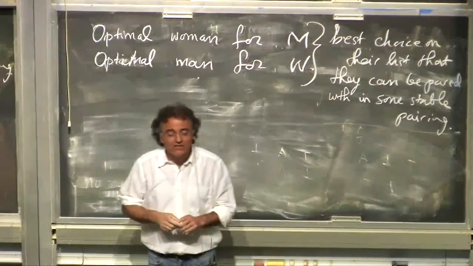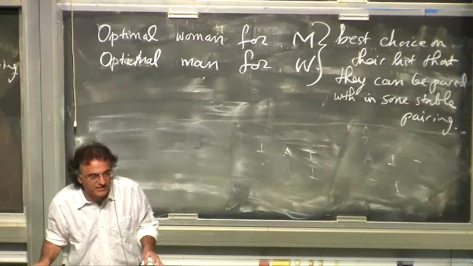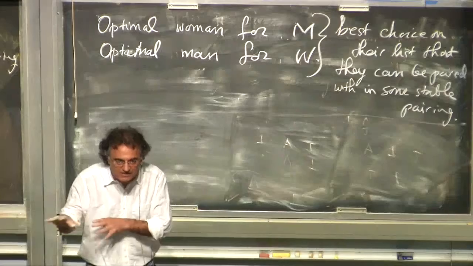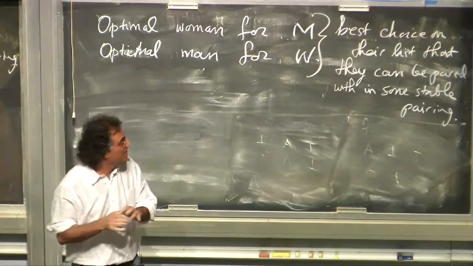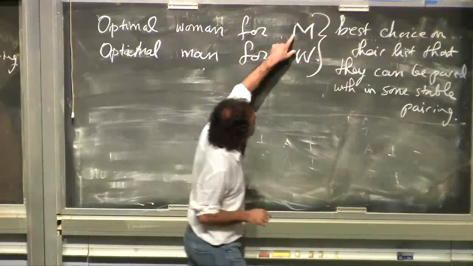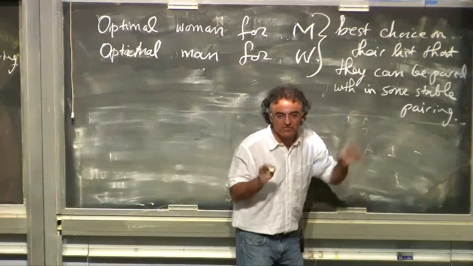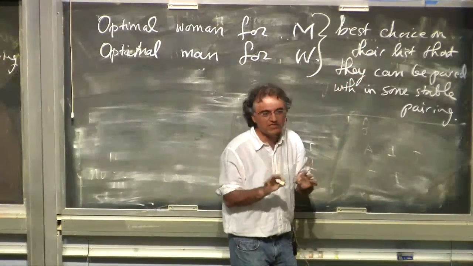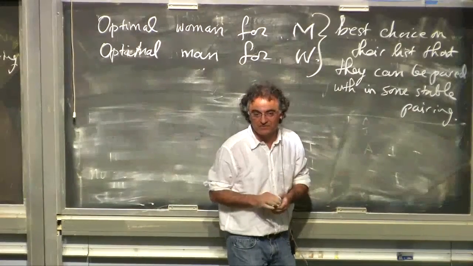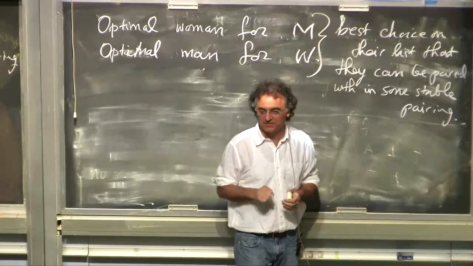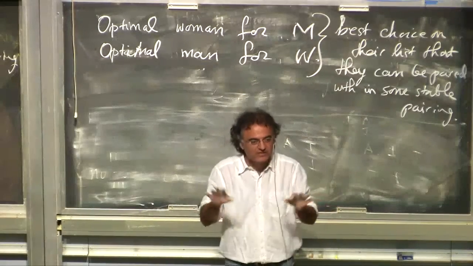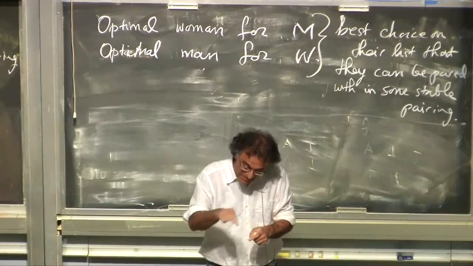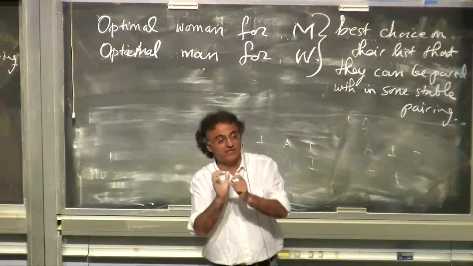Meaning you're saying, look, if the rest of the universe cooperates and everybody else arranges themselves in pairs in just the right way, so that this particular guy gets into the best possible situation he can possibly get into, well, that's his optimal situation. So you get a stable pairing, and he's paired up with this particular one.